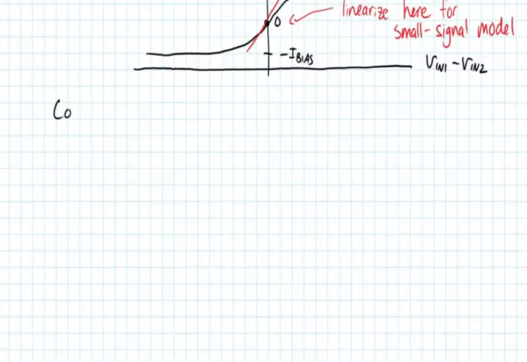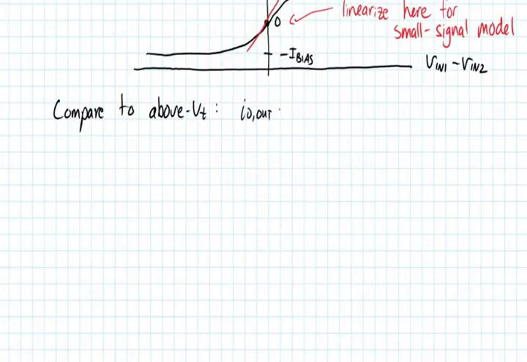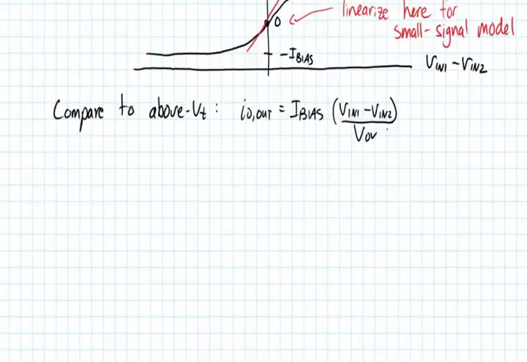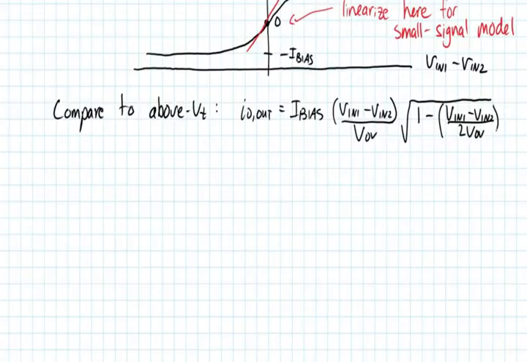Now, if we compare this to above threshold, above Vt, what we get is that ID out, and I'm not going to do the derivation here, I'm just going to write down the answer, is equal to I bias times Vn1 minus Vn2 all over VOV, that's the overdrive voltage, VGS minus VT, times the square root of 1 minus Vn1 minus Vn2 over 2 VOV all squared.